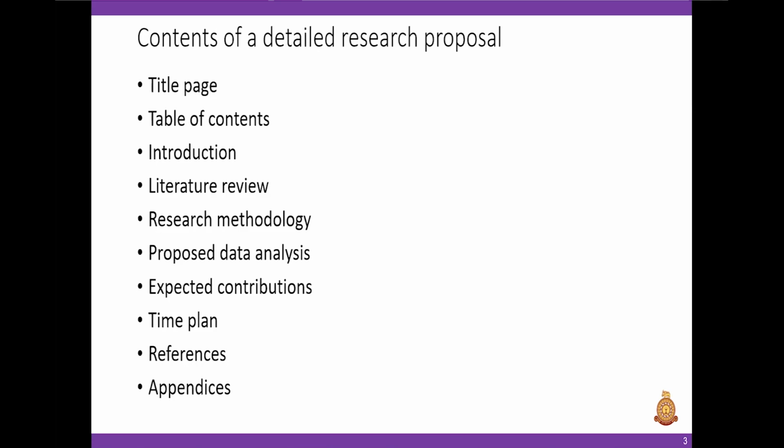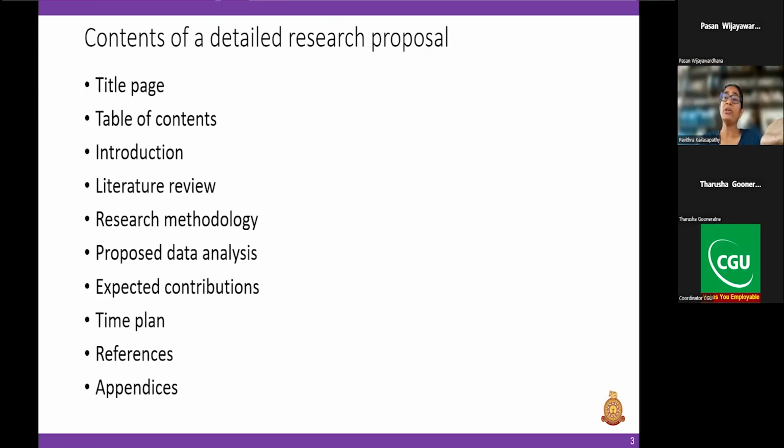This detailed proposal is what you prepare when you submit for your master's, before you proceed to your field work. Also, once you get into your PhD program, after a year, usually in Australia or New Zealand, you need to submit such a lengthy, detailed proposal.